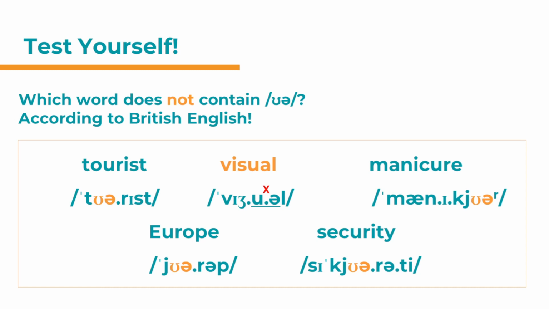Security contains 4 syllables, and the diphthong is in the second syllable, security. Let's see them one more time. Tourist, visual, manicure, Europe, security.